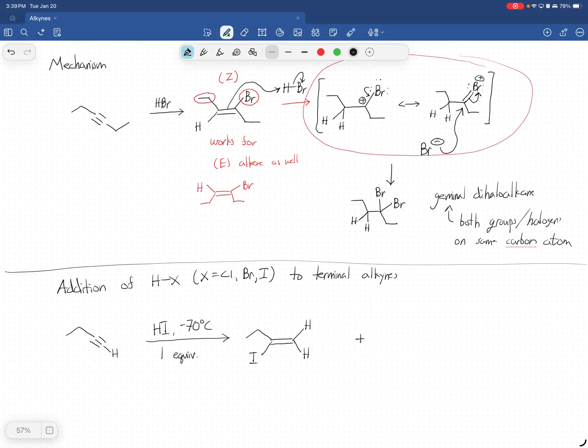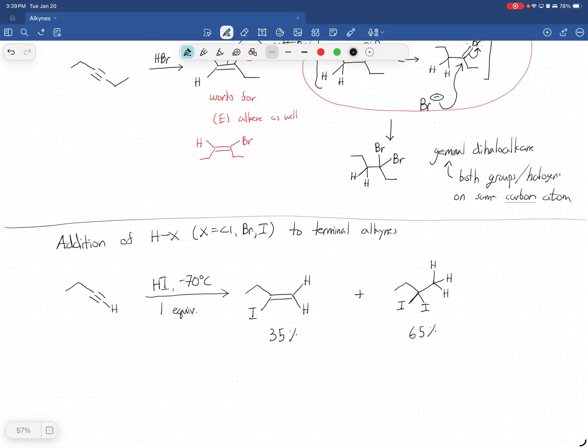But you can't stop there. It actually goes forward one more time to give you the completely reacted product. So you go to the alkane. Okay. It's possible also to push this to completion if you use more than one equivalent. But sometimes maybe that's not reasonable. Because HI is not very, I don't think it's very cheap.